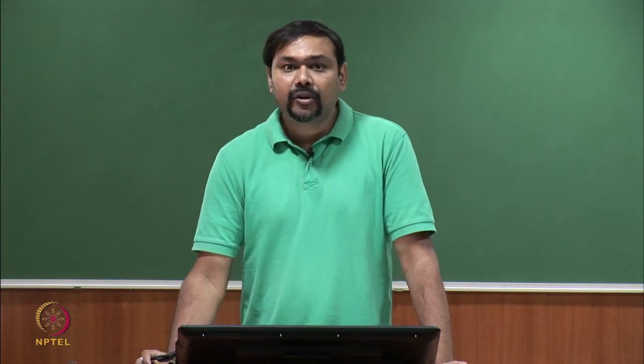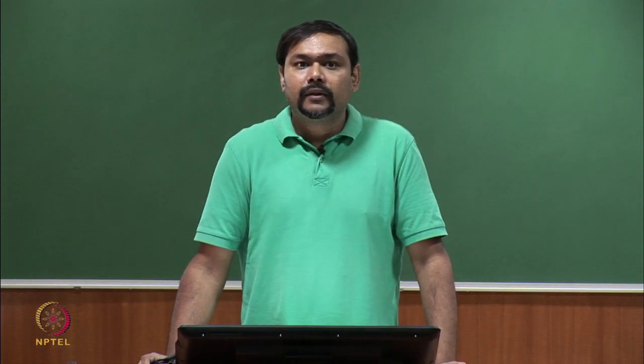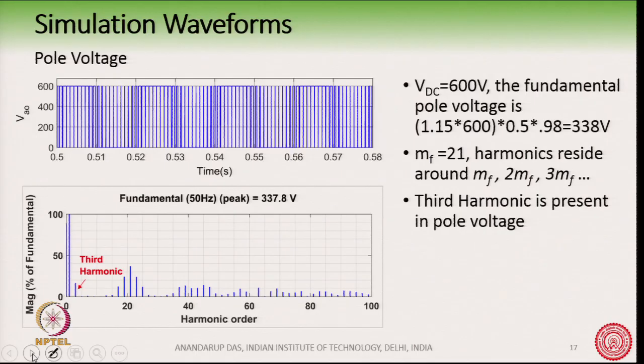So, let us see some of the simulation waveforms for this addition of the third harmonic. At first we will see the pole voltages. So, we have VDC equal to 600 volt, and the fundamental pole voltage that we can get with the addition of the third harmonic will be 1.15 times Vd by 2, that is 600 into 0.5 into 0.98, because we have taken in this example m equal to 0.98.